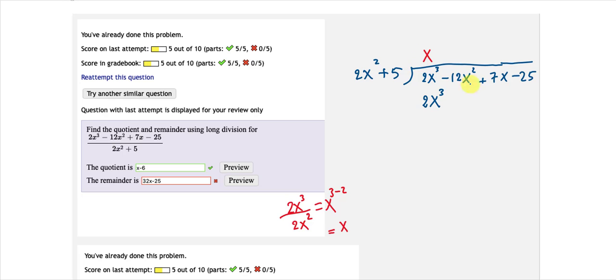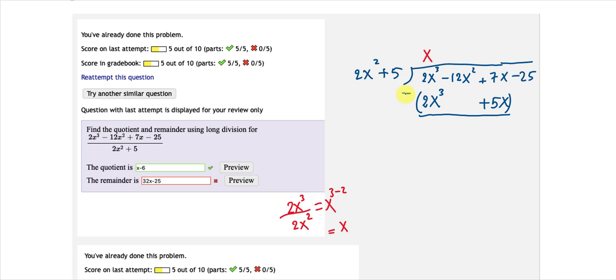Now this is 5x only, so you have to write that under the x term, because this is the x variable, x to the first power, so I have to write the x to the first power underneath the x to the first power. And then we go ahead and we do the subtraction. Make sure you put that in the parentheses and then do the subtraction.